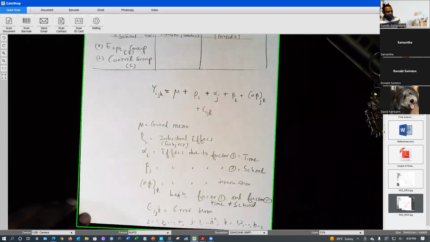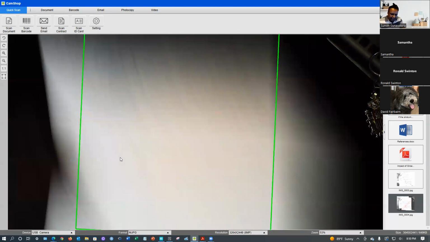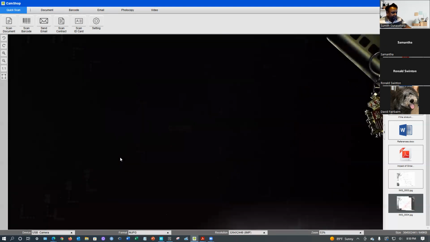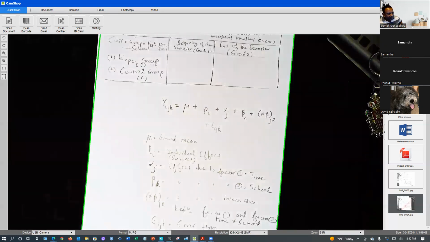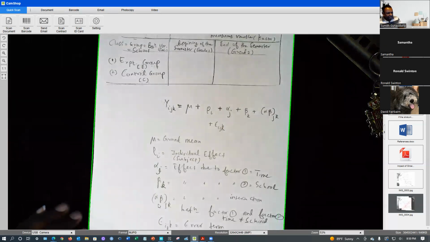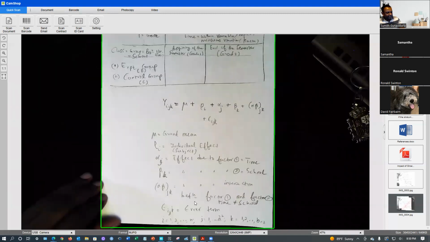So i goes from 1 to n, where n is the number of individuals. I'm sorry, it's ijk. This is j, this is k, and jk carries the alpha-beta interaction term.